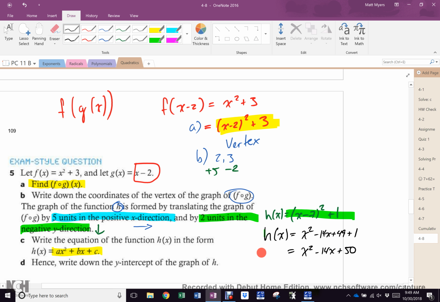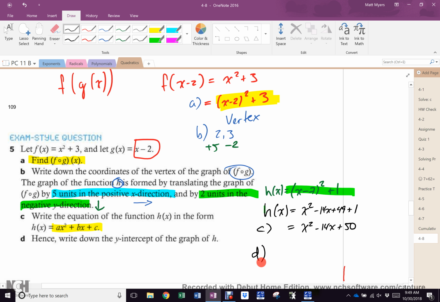That is C. And finally, D, what is the y-intercept? The y-intercept is 0, comma y, correct? Well, the x's are zeros, right? 0, 0, plus 50. What's the y-intercept? 50.